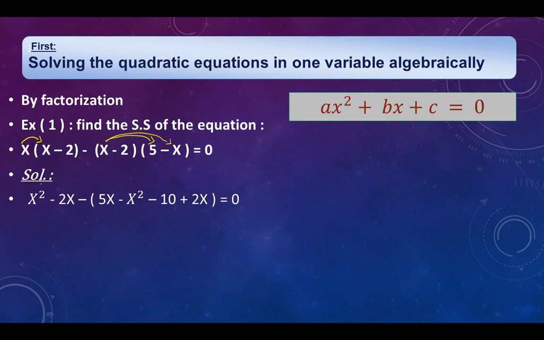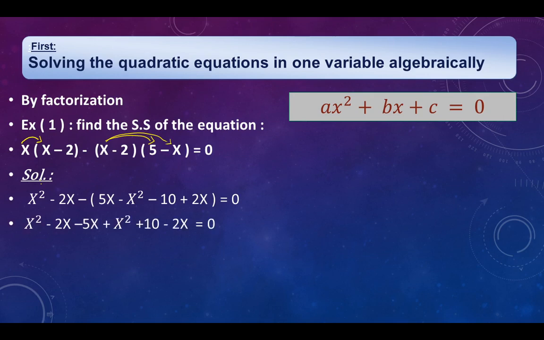And we are going to multiply the two brackets together, then we are going to distribute the negative sign on all the terms of the bracket. X times 5 equals 5x, x times negative x equals negative x square, negative 2 times 5 equals negative 10, negative 2 times negative x equals positive 2x.